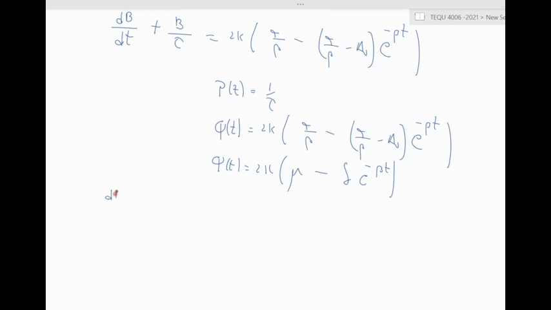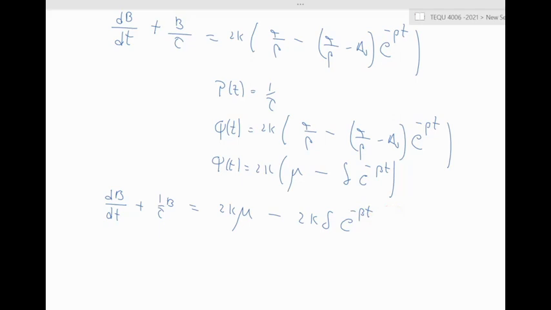So dv/dt plus v times 1 over tau equal, now you can get this straight, that would be 2k mu, sorry, minus 2k delta times e to the minus beta t.